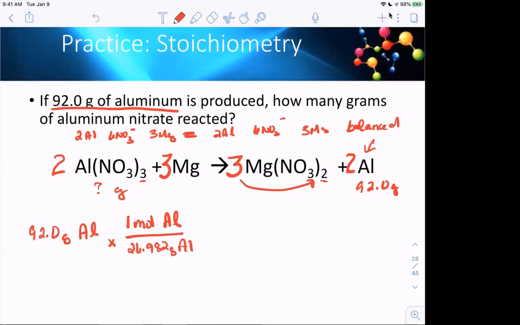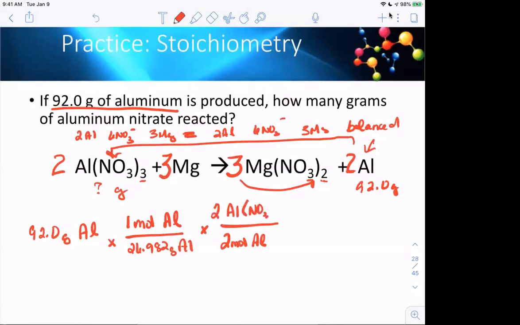That's the molar mass of aluminum. I'm going to use the mole ratio to go from moles of aluminum to moles of aluminum nitrate. So for every 2 moles of aluminum, I need to react 2 moles of aluminum nitrate.